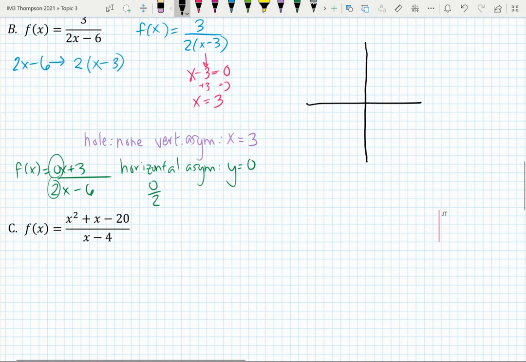I'm going to put whatever pertinent information I have on a graph.